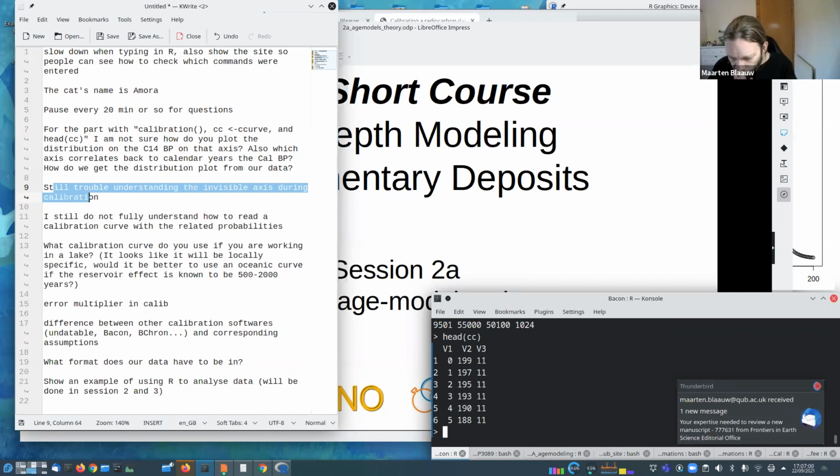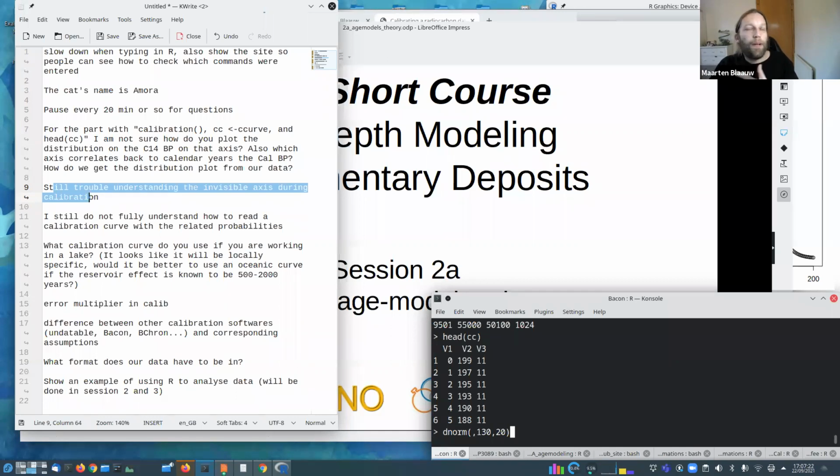So, do you remember that we used this function dnorm, the normal distribution? For example, if we have a mean of 130 and a lab error of 20, and we want to know what the likelihood or the probability is of a value, for example 130, then we get a number.